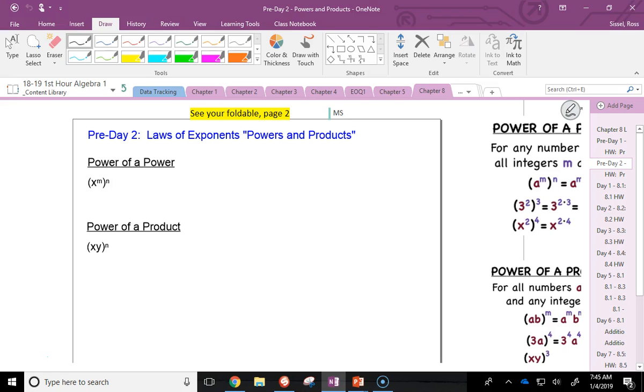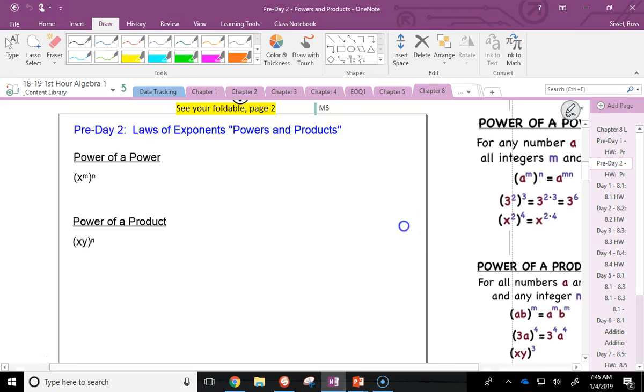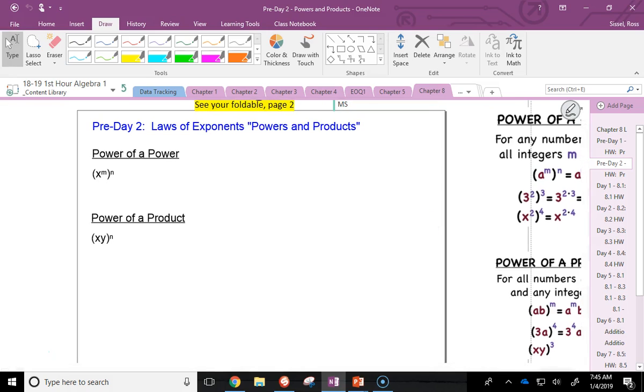The way we do that is kind of distributive, where this n is going to be multiplied to the exponent. So when you have a number with an exponent and we put an exponent on the top of that, you don't add the exponents, you will multiply. So this answer would come out as x to the m times n.